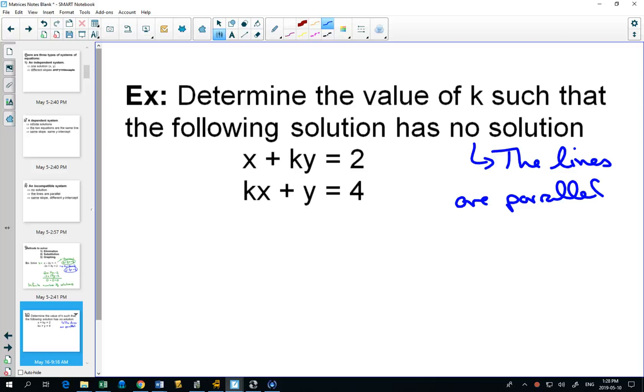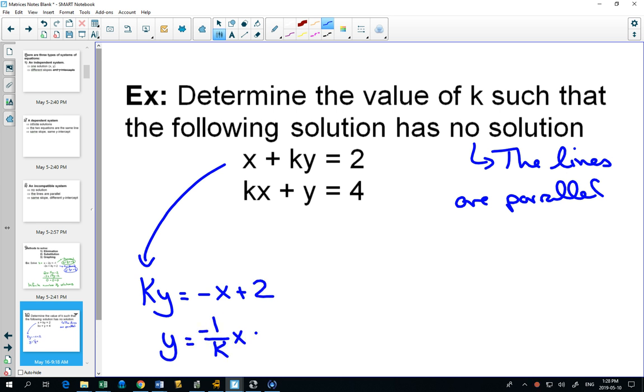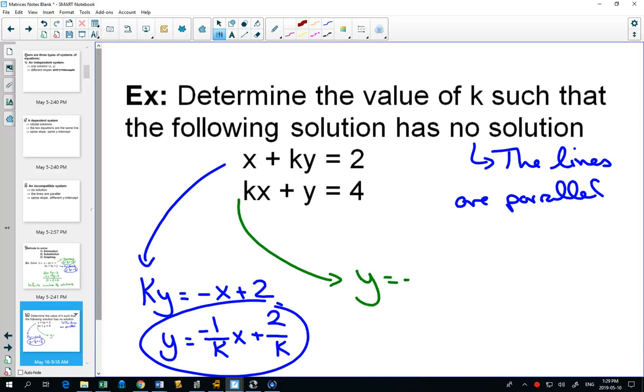So what I could do with this is I could take both of these equations, the first equation here, and solve it, ky equals negative x plus 2, rearrange it into y equals mx plus b form. And the same thing with my second line. I could take it and rearrange it in y equals mx plus b form.